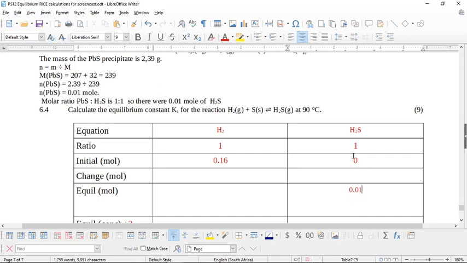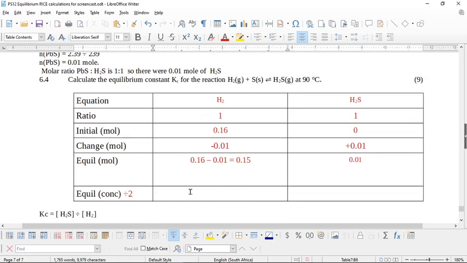So because hydrogen sulfide is a product and it started with 0, this change is going to be 0.01. And the molar ratio of these two is 1 to 1. So this is also 0.01. So, but this is going to be subtracted. This is going to be added. Okay. So my equilibrium moles of this is going to be 0.15. Okay, it's going to be 0.16 minus 0.01, which equals 0.15. So there's my equilibrium moles.